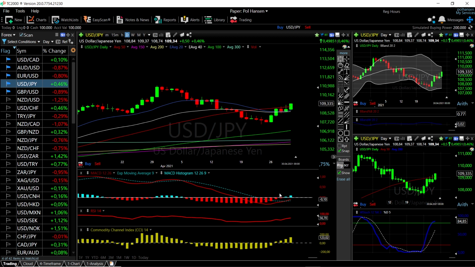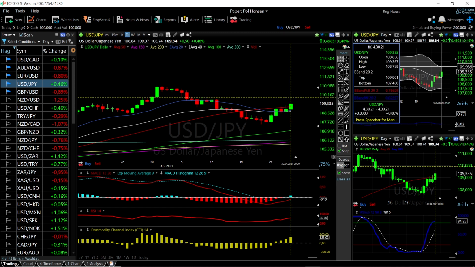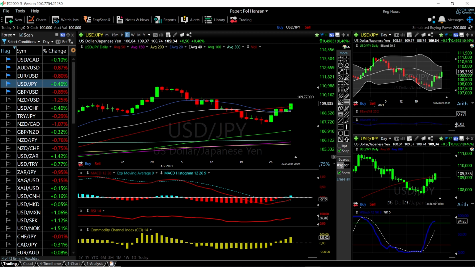If you look at technical indicators, we can see that MACD is still in negative territory but has crossed the signal line, indicating bullish momentum. We can see the RSI is bullish, the CCI is bullish, and the stochastic is bullish as well. So there could be a further rally, but when we get close to this area here, where we found resistance in the past, we should expect it to be resistant here as well.